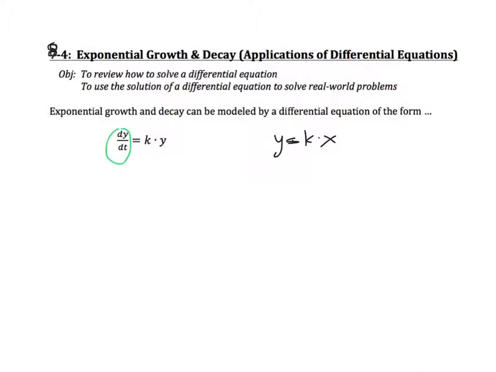There it is, directly proportional to the amount of that quantity present at any particular time, and that would be my y. The rate of change of y with respect to time is directly proportional to the amount of y, whatever y is. So hopefully you can agree with me that that is a situation of direct variation.